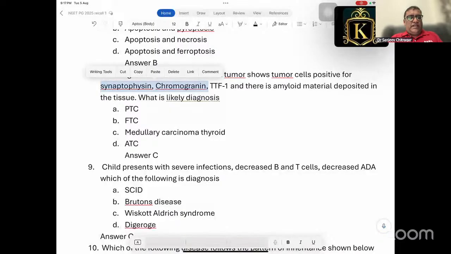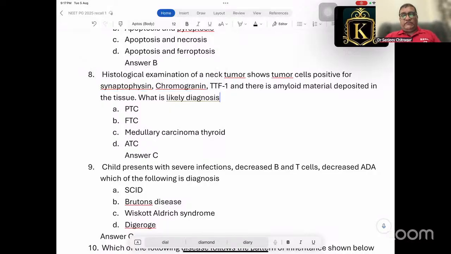TTF1 positive. What does TTF1 positive tell you? TTF1 positive will be thyroid or lung, but they have given a neck tumor, so I'll think of thyroid. And there is amyloid material deposited in the tissue. So what is the likely diagnosis?